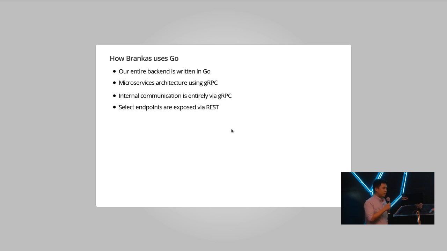Some endpoints, usually the ones that are exposed to the public, are exposed via REST, because it's easier for third parties to integrate with REST. But these endpoints are still implemented with gRPC. We use another library called gRPC Gateway, which adds a reverse proxy that exposes our endpoints as REST. But the implementation is still gRPC.